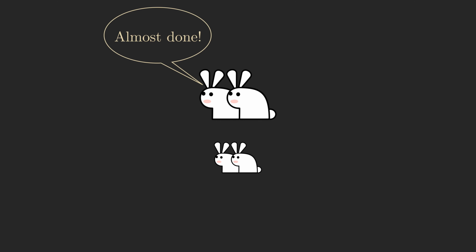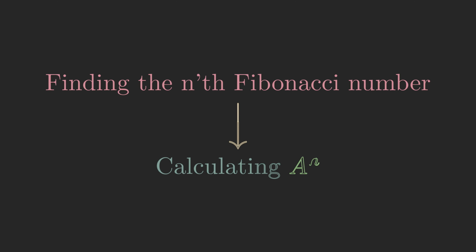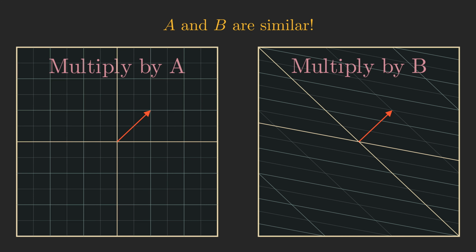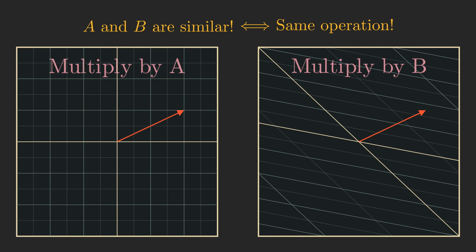Okay, we're almost done. Let's just recap for a second what we have done so far. We have transformed our rabbit problem into a different problem, calculating A to the n. We talked about matrices that are similar to A in the sense that they transform vectors in the same way, just from the perspective of a different basis.